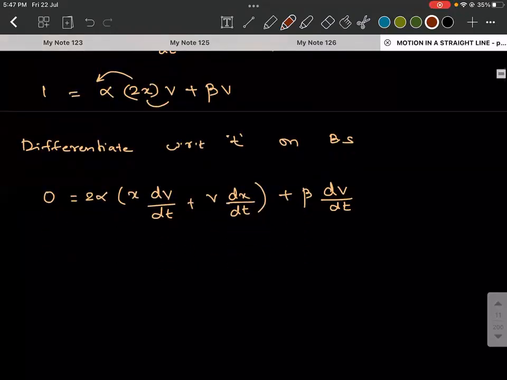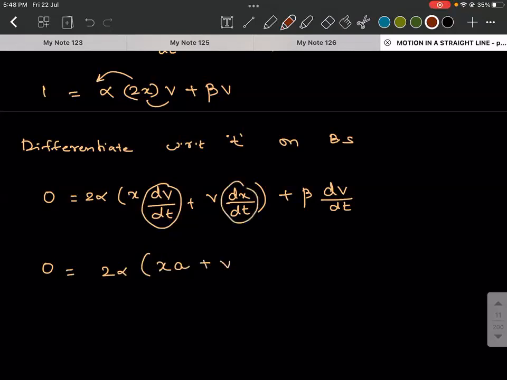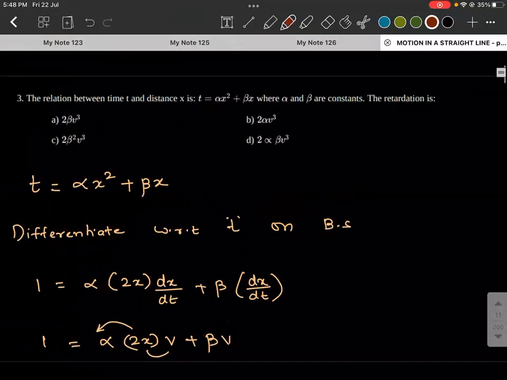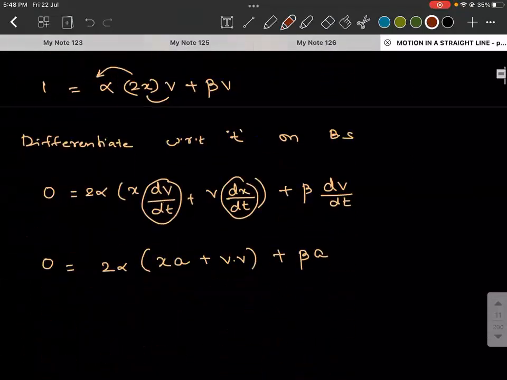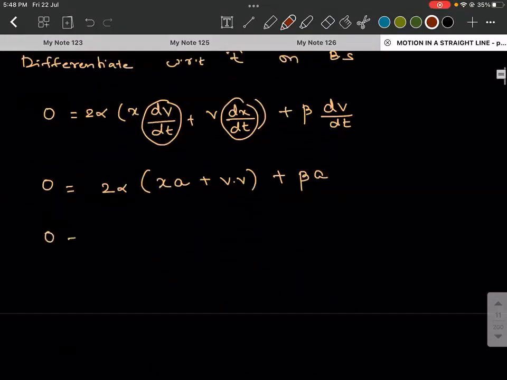Now, if you observe this, I get 0 is equal to 2 alpha into x into dv by dt, which is acceleration, plus v into dx by dt, which is velocity, plus beta into acceleration. So I'll get 0 is equal to 2 alpha into (ax plus v square) plus beta times a.